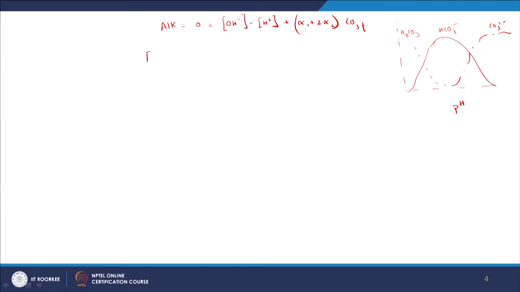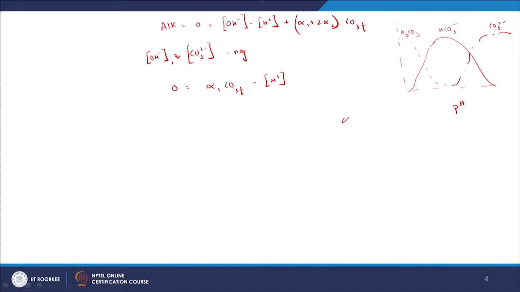So, neglecting the OH minus concentration and the CO3 2 minus concentration, we are going to try to simplify this further. So, it is equal to alpha 1 times CO3 total minus the concentration of H plus.